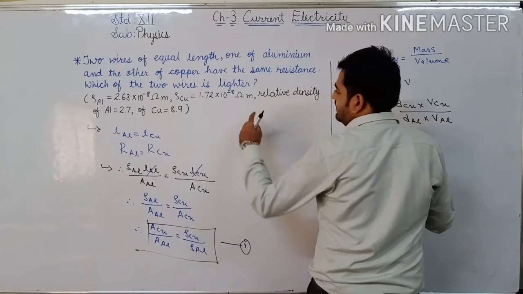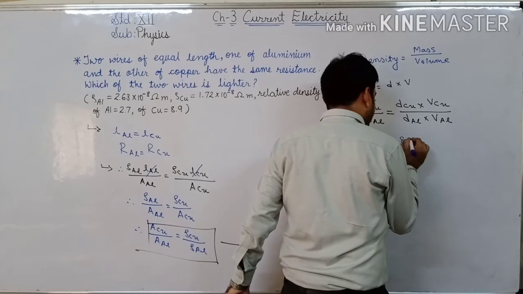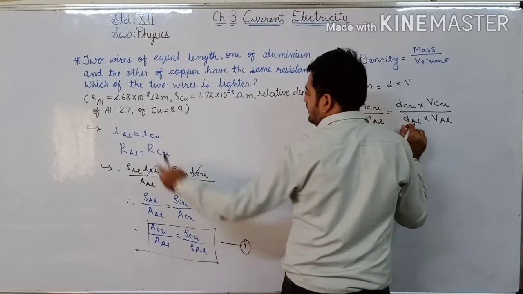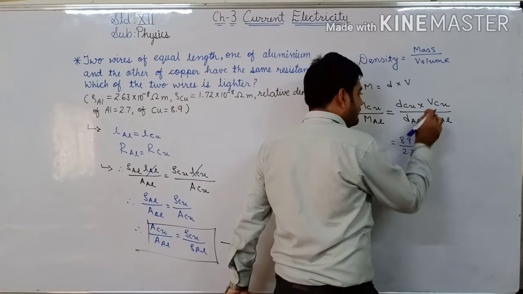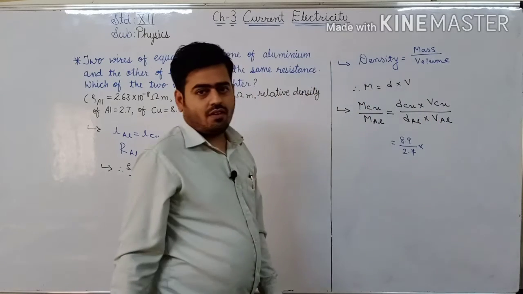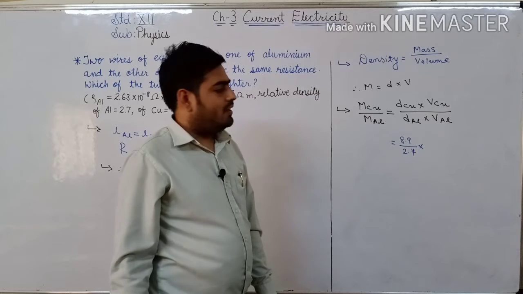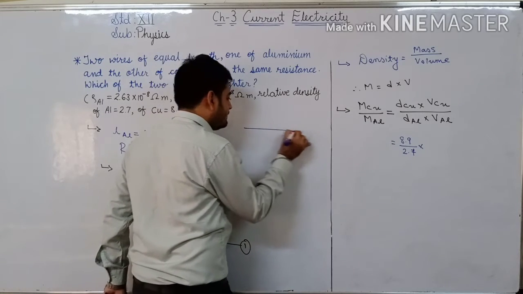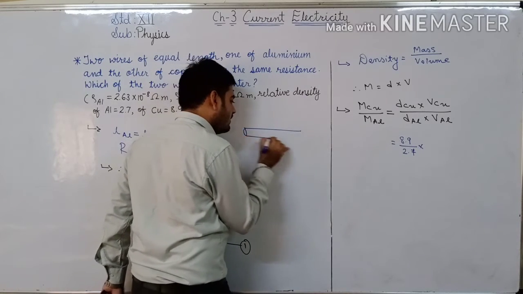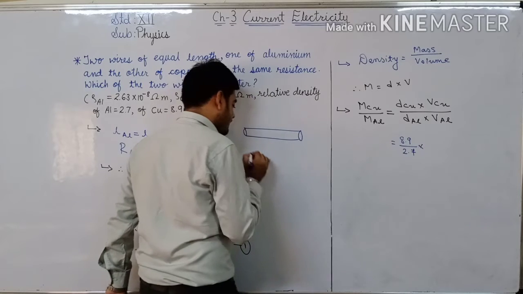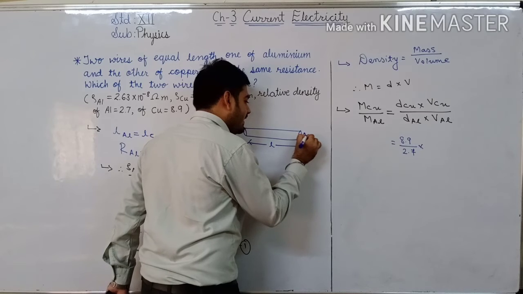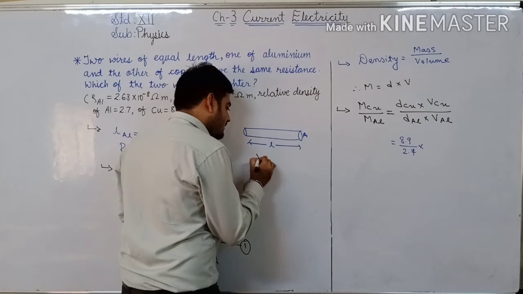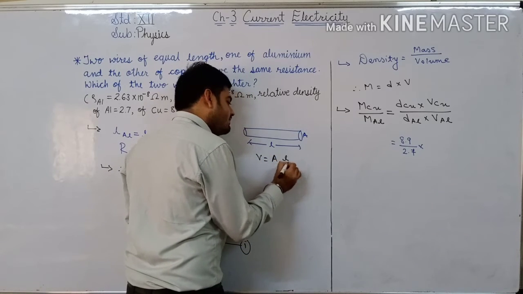Density of copper, that is 8.9, upon density of aluminum, that is 2.7, into volume, that is not available to us, but for any wire of length L and cross sectional area A, volume is nothing but area into length.